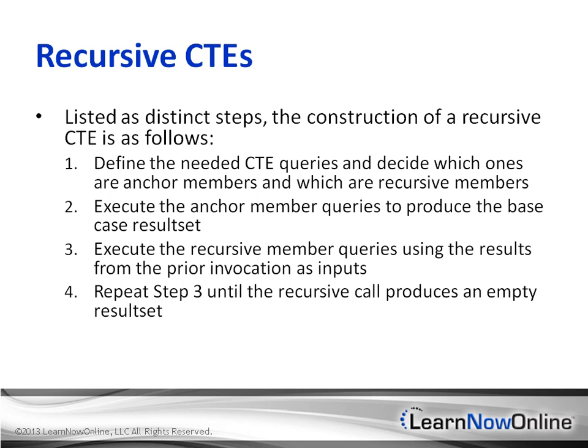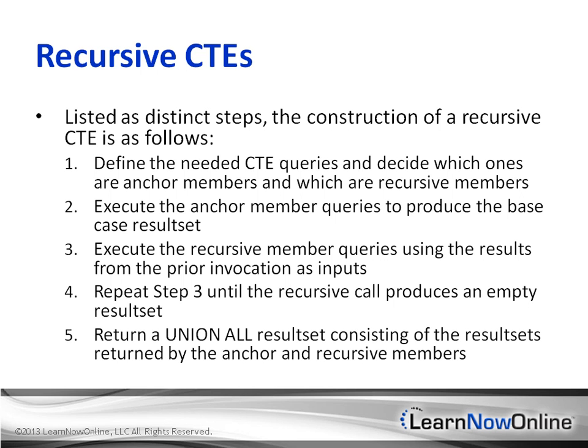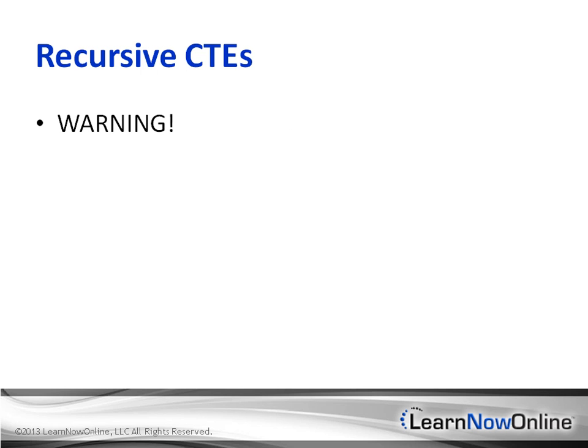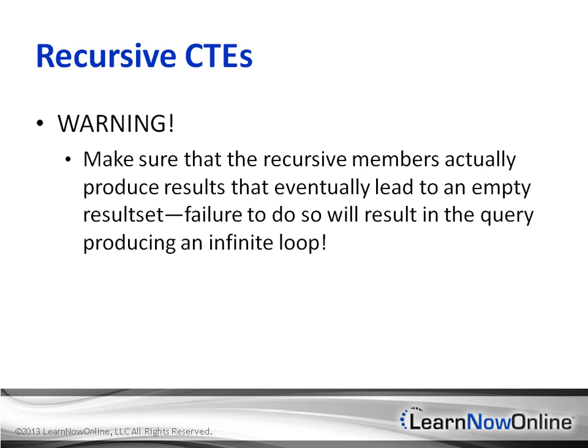And then you'll continue step 3 until all the recursive call produces is an empty result set. Returning a union all result set consisting of the result sets returned by the anchor and recursive members gives you your final result. Here's a warning though. Make sure that the recursive members actually produce results that eventually lead to an empty result set. If you don't do that, you'll end up in an infinite loop.